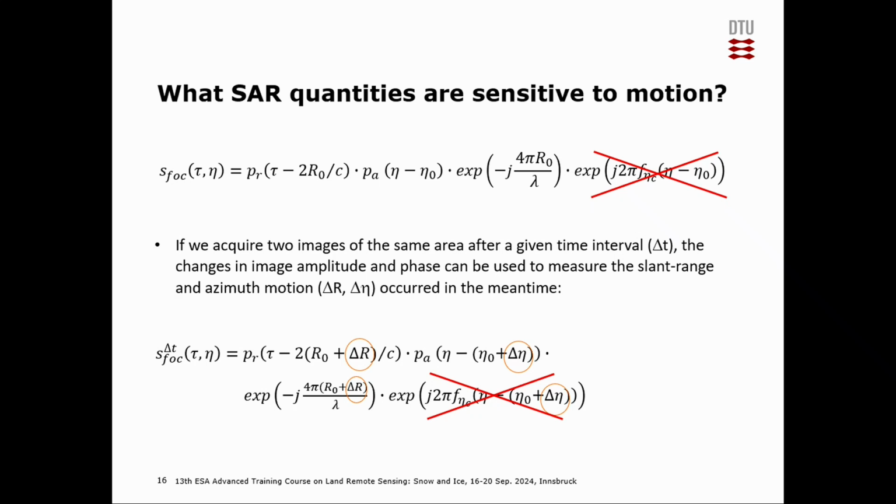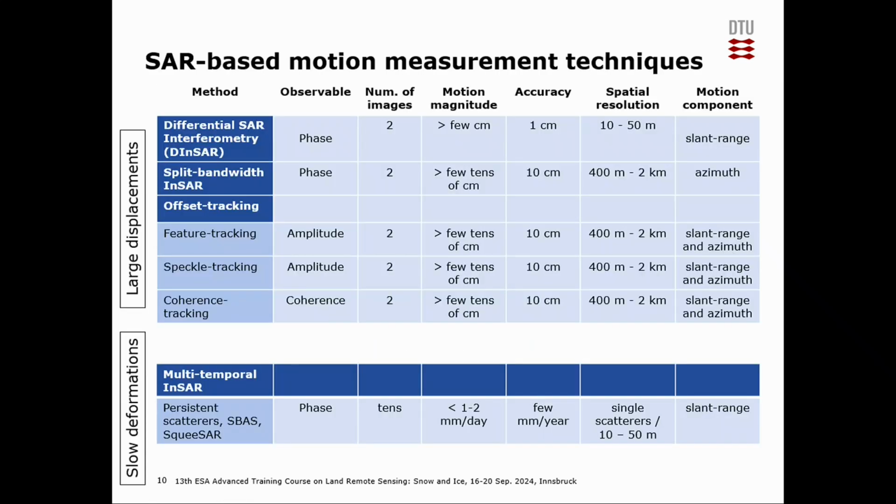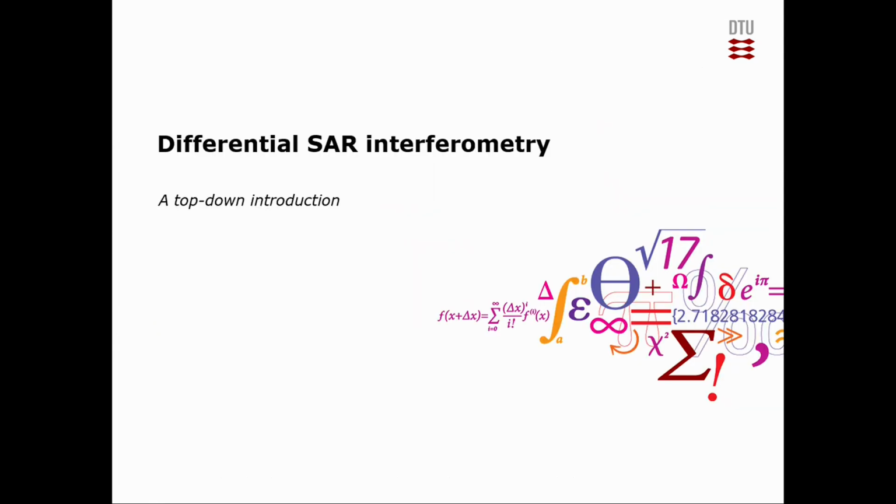So we have a sensitivity which is of a different order of magnitude, and that basically means that we can achieve accuracies which are some fraction of the spatial resolution with amplitude-based techniques, and accuracies which are some fraction of the centimetric wavelength with interferometric techniques. Of course, we can also use more than 2 images and increase our sensitivity, but for snow and ice covered surfaces this is problematic, for reasons we will understand in the course of this lecture.